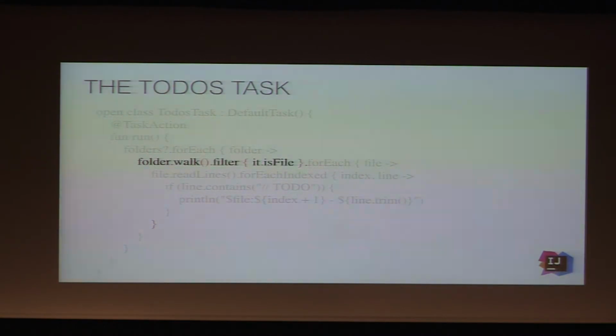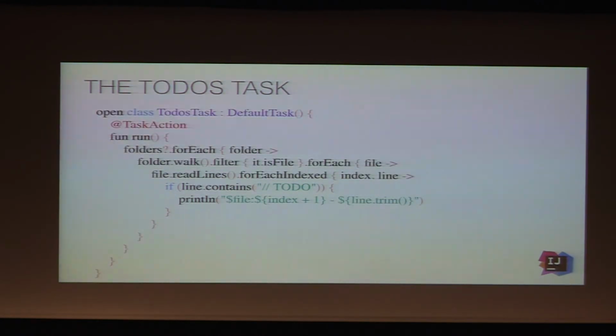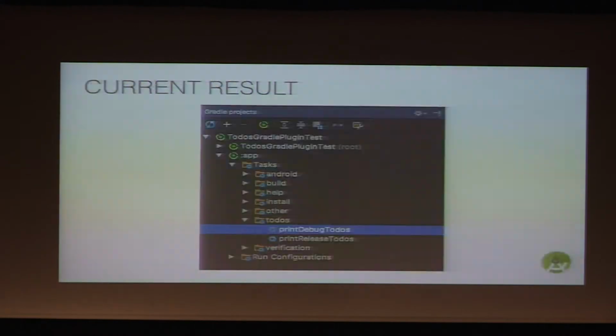We're going to filter it on only the files. I'm not interested in folders, I just want files. For each file, we're going to read every line. We're going to go through them with an index. It's important for our case. And then if the line starts with //todo, we're going to print it with index + 1. This gives us a really nice way to print it.